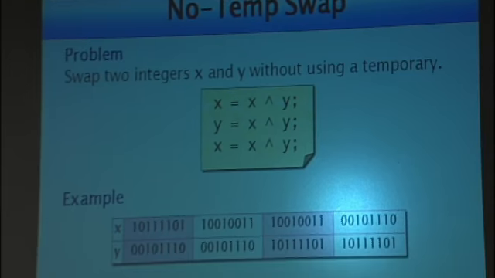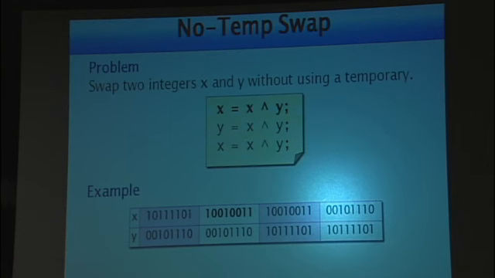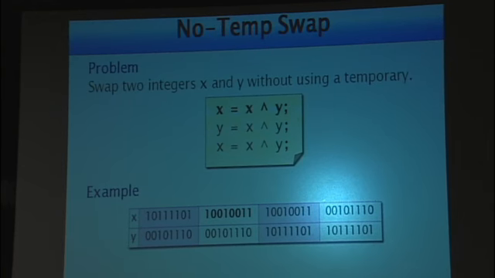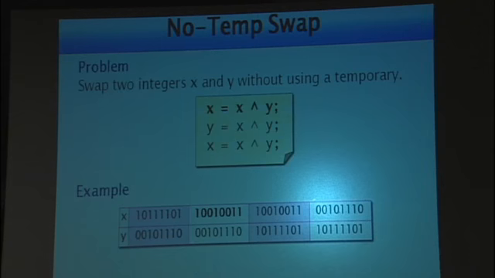Let's do an example first. I have x and y. I then let x be the XOR of x and y. As you see, the first bit is the XOR of 1 and 0. The second bit is the XOR of 0 and 0, which is 0. The third bit is the XOR of 1 and 1, that's 0, and so forth throughout the bits.